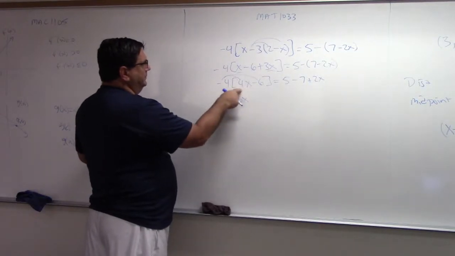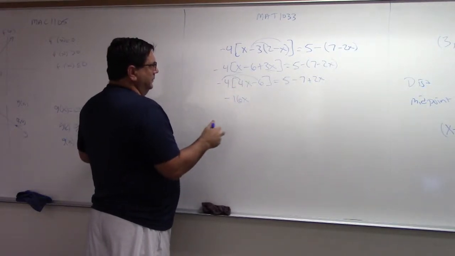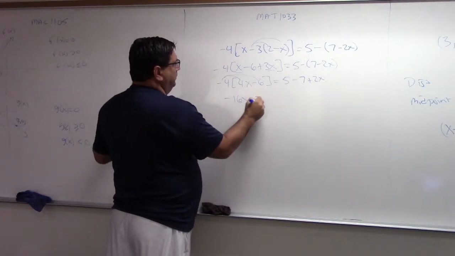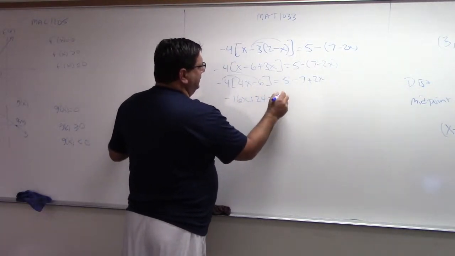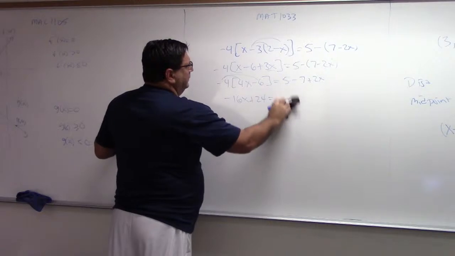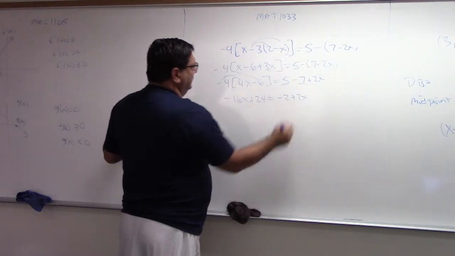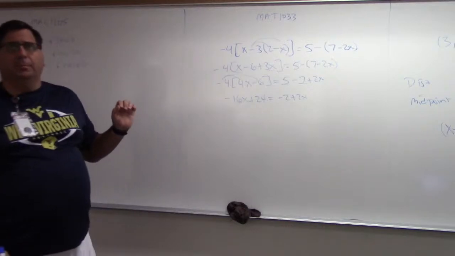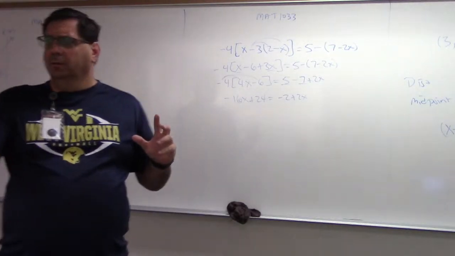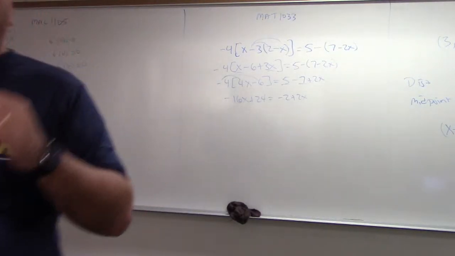Negative 16x plus 24. Let's pause right there. 5 minus 7 is negative 2 plus 2x. Let's pause right there and make sure everybody's straight to that point. There are a lot of moving pieces in there. We good to there? Shania, we good to there?